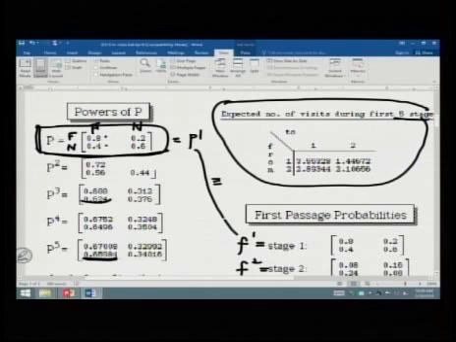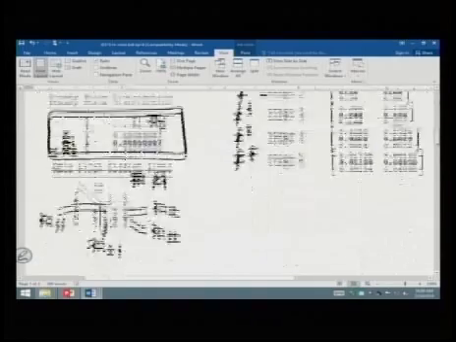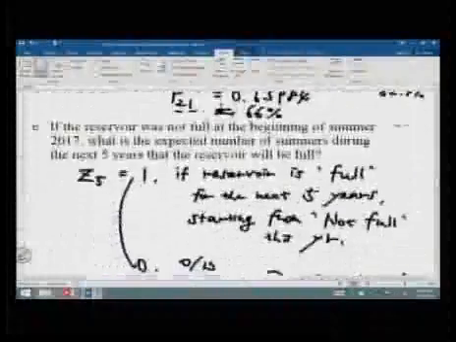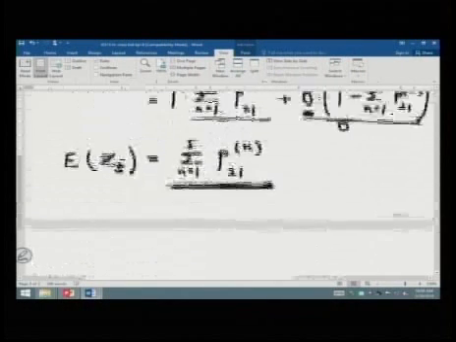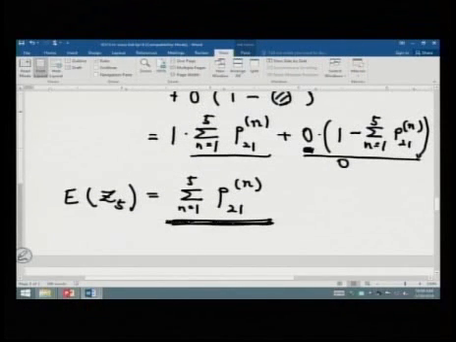So, what is this? This matrix gives you the information of summation n goes from 1 to 5, P sub ij to the nth power. Okay? And what you need is this, right?